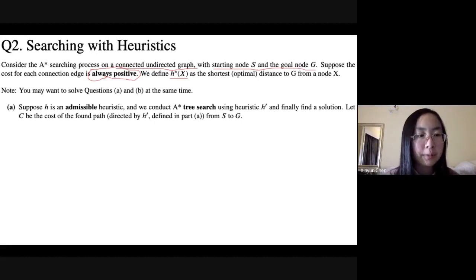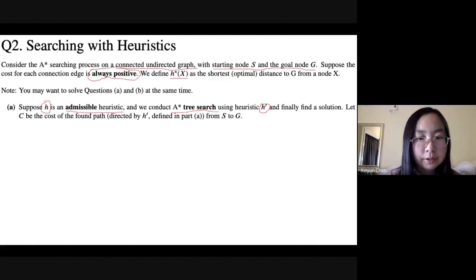So for part A, we want to study the properties of admissible heuristics, and we are doing A-star tree search. So H is the admissible heuristic, and H prime is another heuristic we are going to ask about in the sub questions.